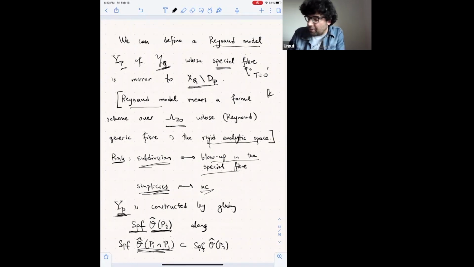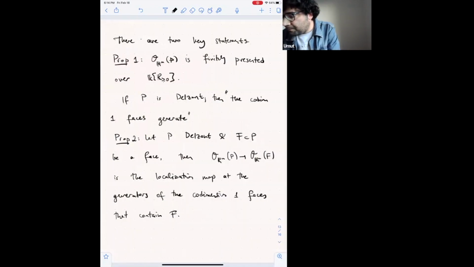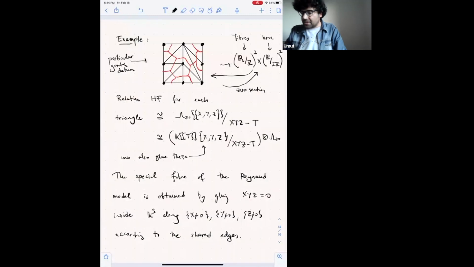So it's some geometric object associated to a topologically finitely presented algebra like this, and you can glue these things along the things that are associated to the edges. Okay, so maybe instead of saying why that works, let me just show you a quick example. So here I have a picture of the base of R mod Z squared cross R mod 2Z squared.